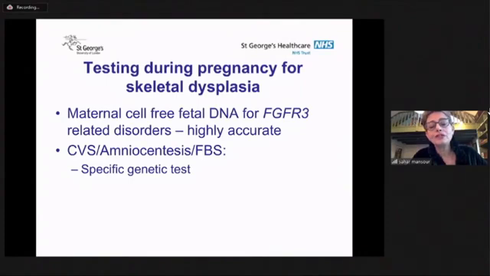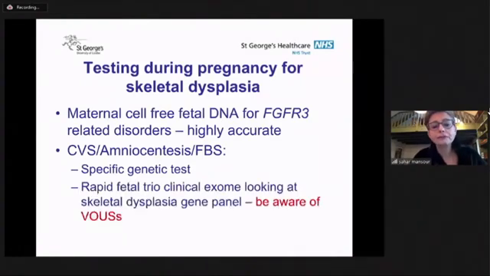If you've got a very strong idea what it is, for example, if the couple have had a previous baby with a skeletal dysplasia, you can just opt for a single genetic test, just looking at the one gene that you know is likely to be the cause.